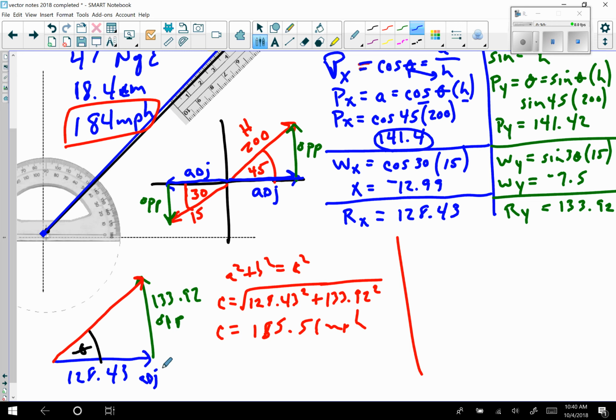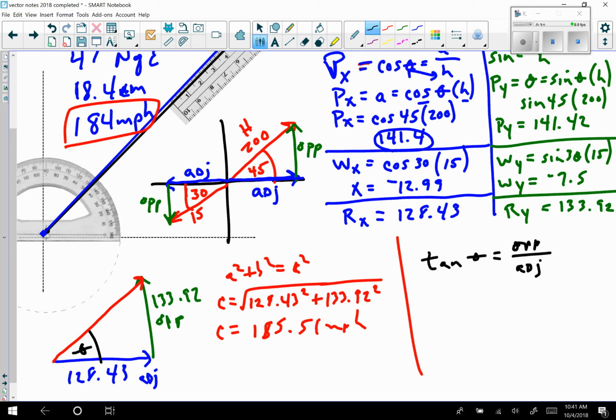Here's the adjacent side here. And so the trig function that we use when we know opposite and adjacent is tangent. Remember SOHCAHTOA? So tangent of theta equals opposite over adjacent. Boy, my handwriting looks pathetic here. Looks like I'm signing the cash register receipt at Kroger.